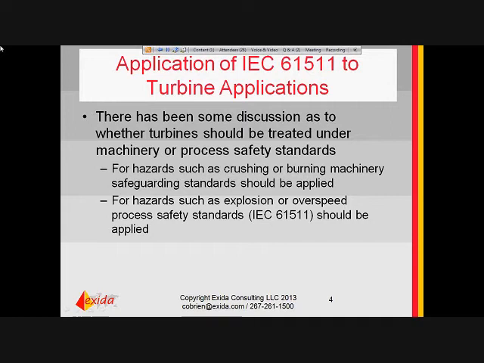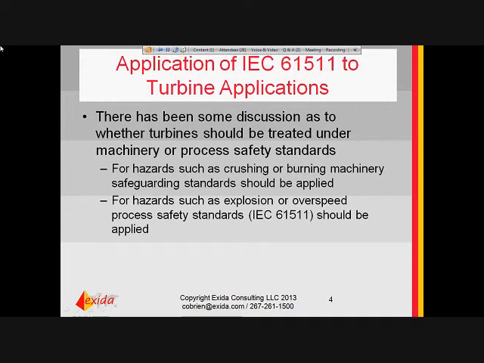So if the hazard fits the model of a classic machine hazard, then apply the appropriate machine safety standard. For hazards that are more process related, and those include explosion, overspeed, lube oil, and if you go to the accessories, drum level control, those types of things, then the process safety standard is applied, IEC 61511.